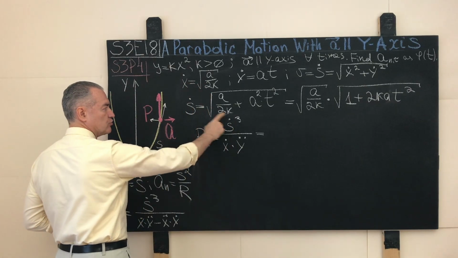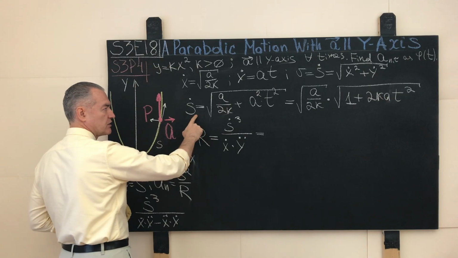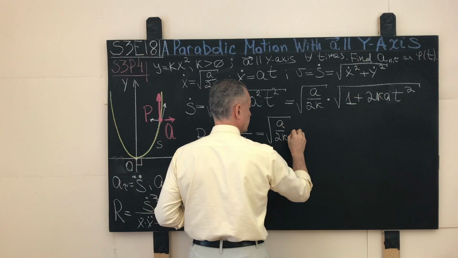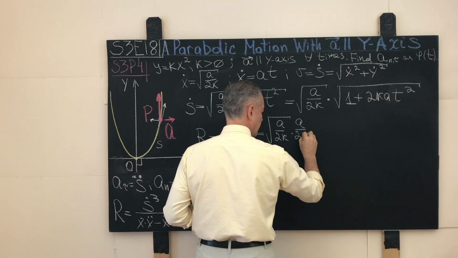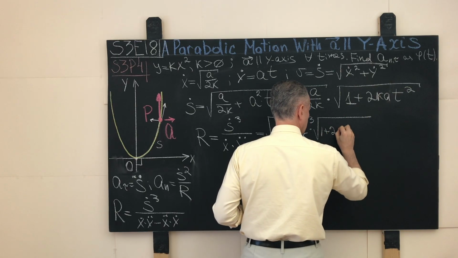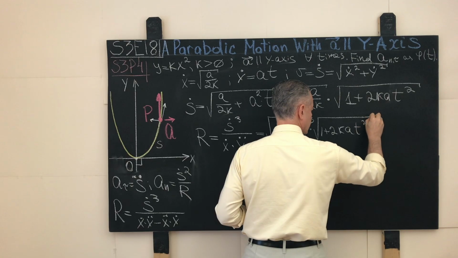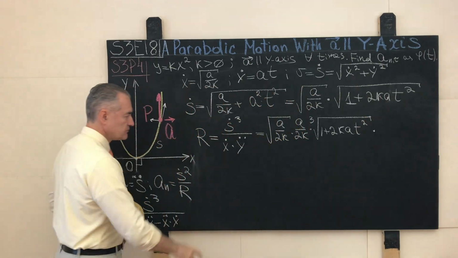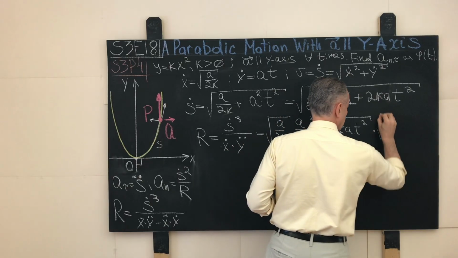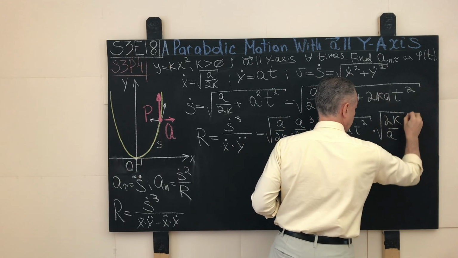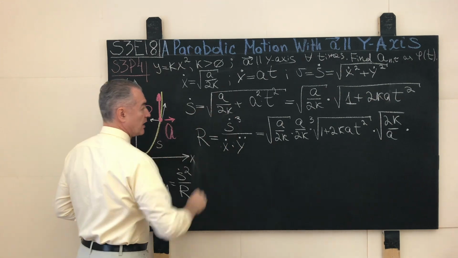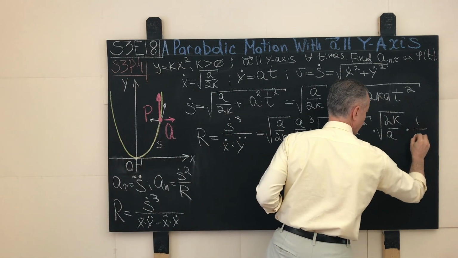Let us write down the cube of the first derivative of the arc length traveled as follows: square root of a over 2k times a over 2k times cube root of 1 plus 2k a t squared, like so, times the reciprocal of the first derivative of x over time, and it is this expression over here, square root of 2k over a, times the reciprocal of the second derivative of y over time, and this is simply 1 over a.